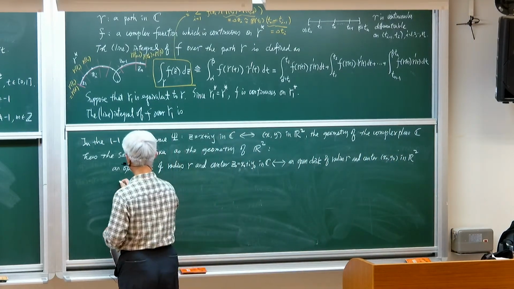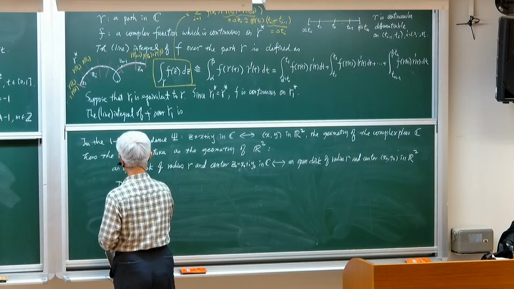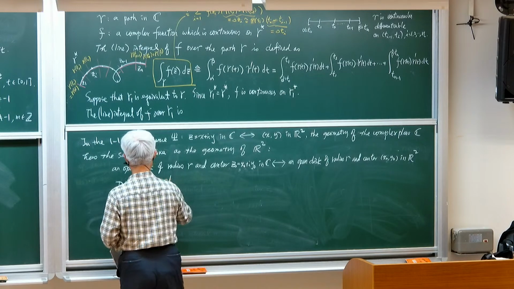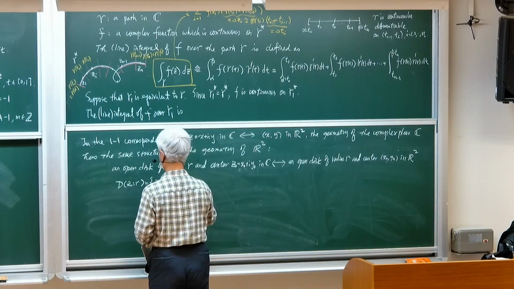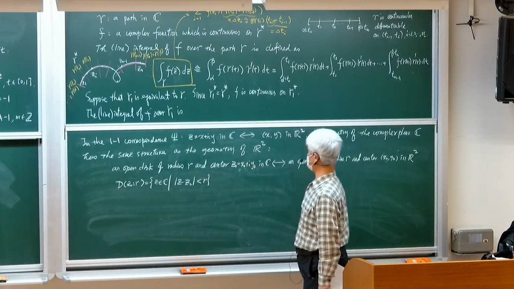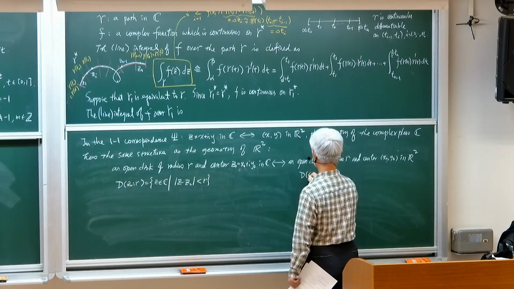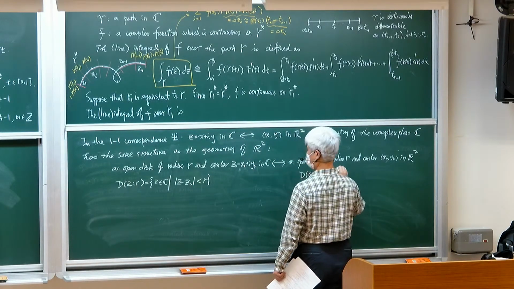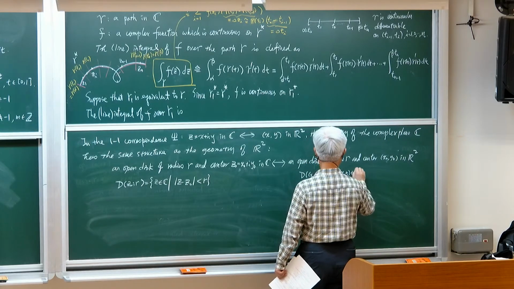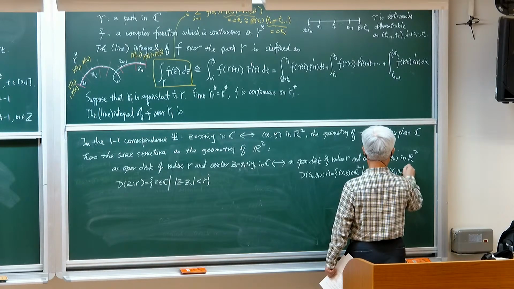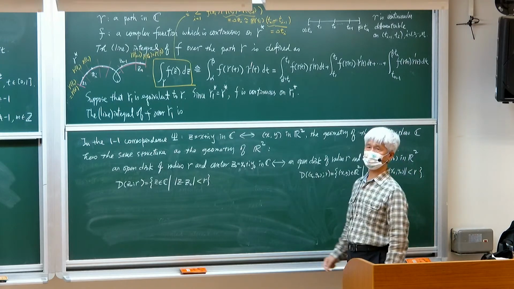And so this notation would be D(z0, R), the set of z in C such that |z minus z0| is less than R. And the disk of center (x0, y0) is here.